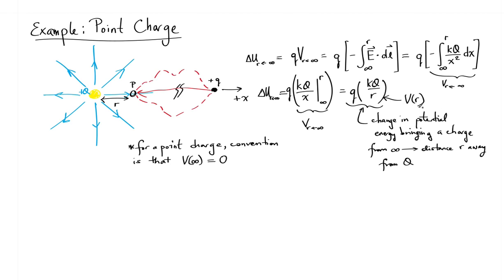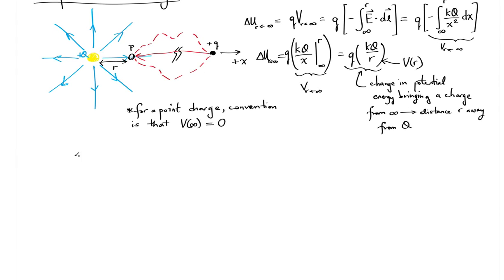Then I can define a V of r that's not relative to anything, because implicitly it's relative to V at infinity being 0. So the potential V of r for a point charge is just kQ over r.